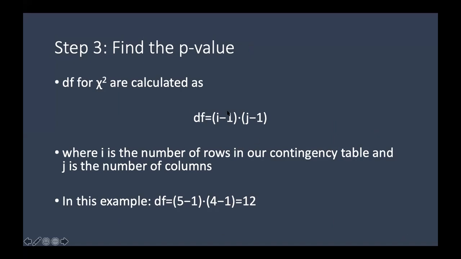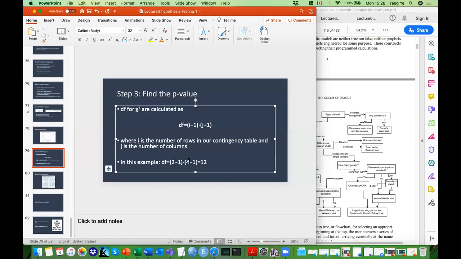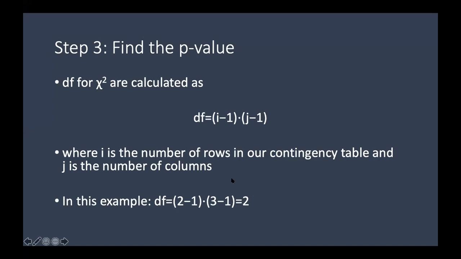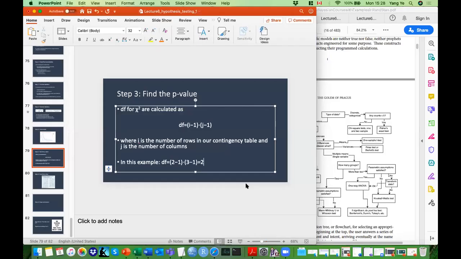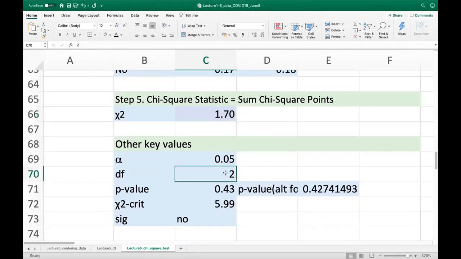We basically use rows minus 1 times columns minus 1. The number of rows is 2, and the number of columns is 3 here. So we have degrees of freedom of 2 minus 1 times 3 minus 1, which equals 2. So that will be our degrees of freedom. Okay? So we have degrees of freedom equals 2.